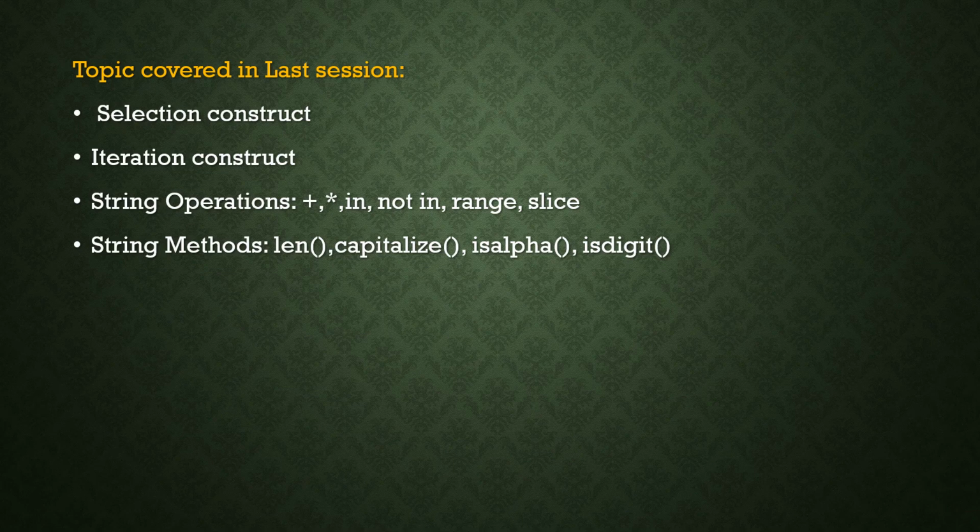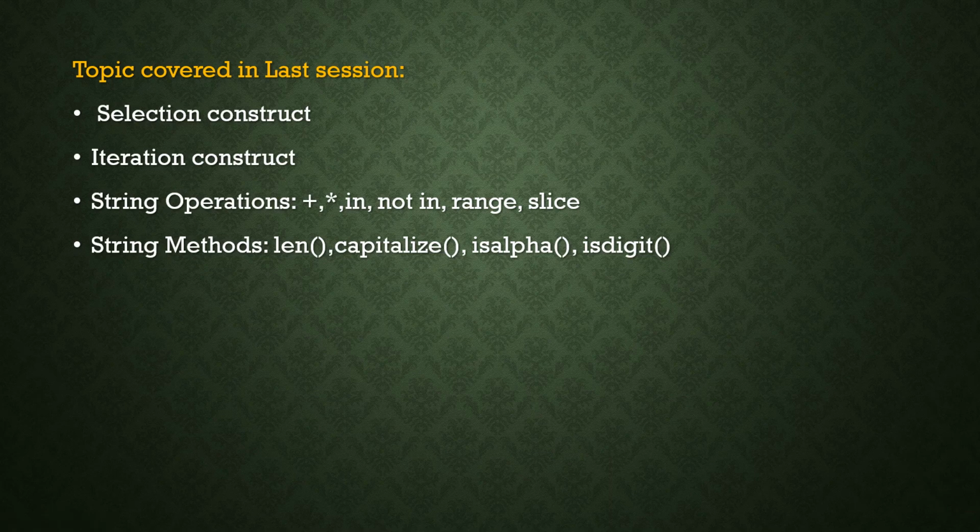And then string operations. Last class it was given that plus means concatenation, and star indicates repetition, and in means membership, that is, whether a particular letter is available in the string or string variable.